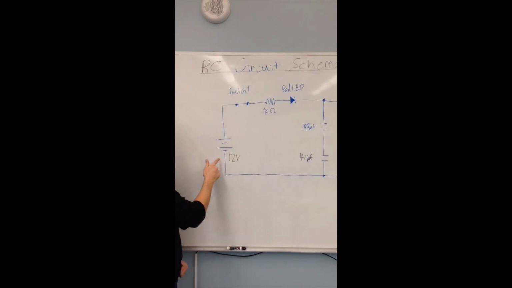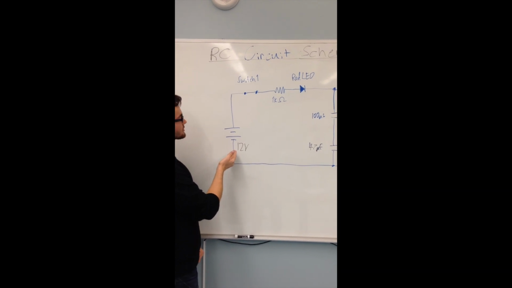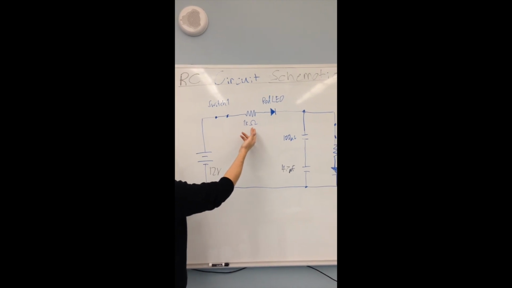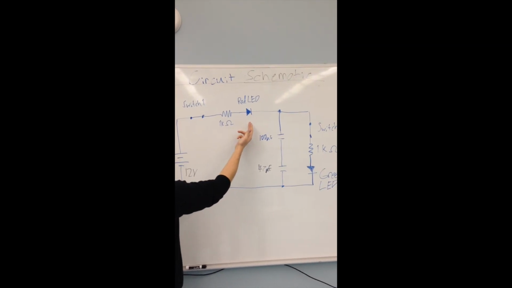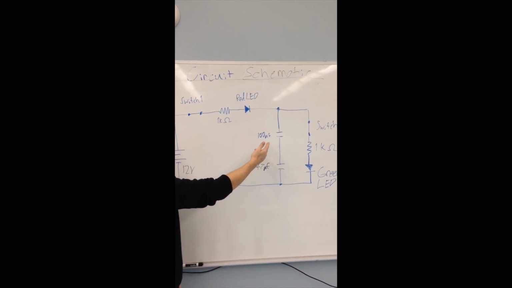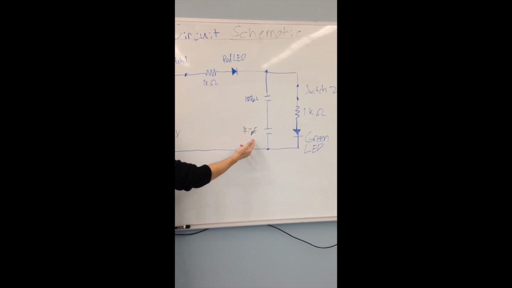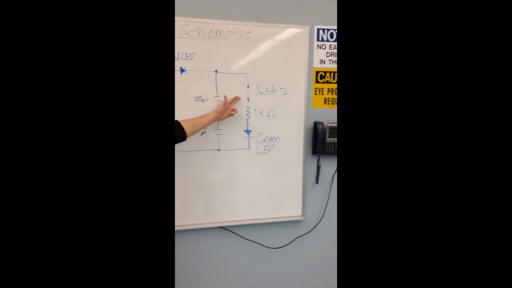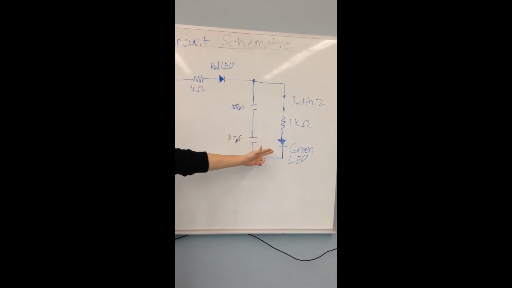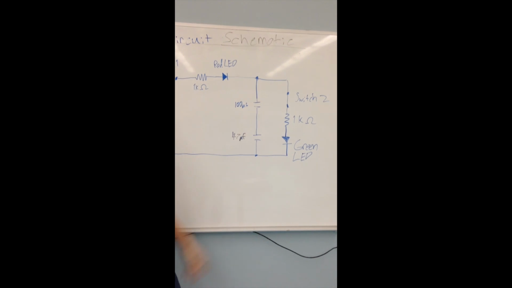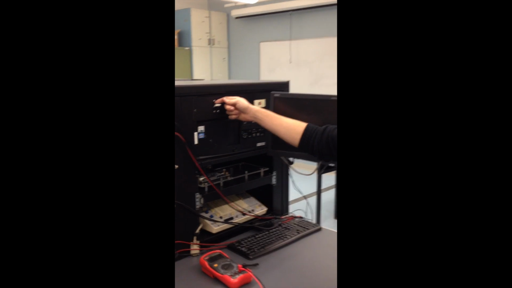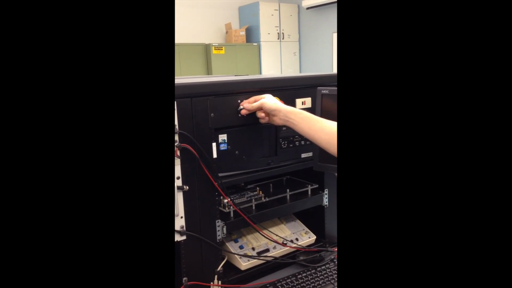Here is the 12 volt voltage source that we'll be using, the switch, 1 kilo ohm resistor, the red LED, the 100 microfarad capacitor, the 47 microfarad capacitor, switch number 2, and 1 kilo ohm here, and last is the green LED.